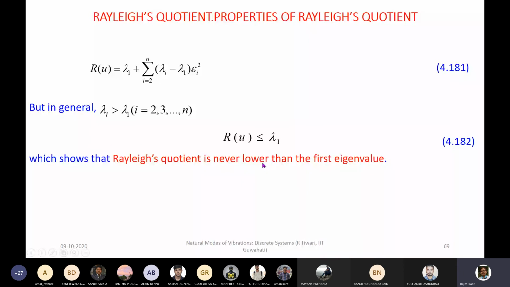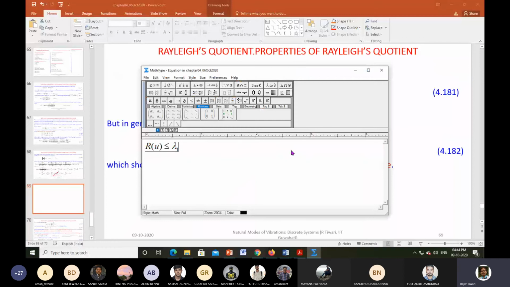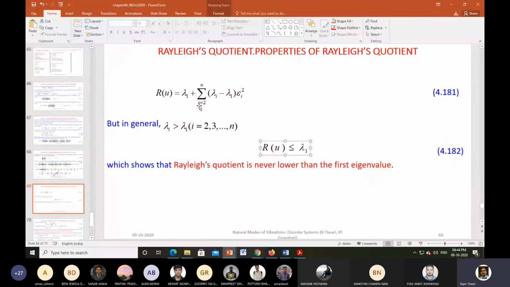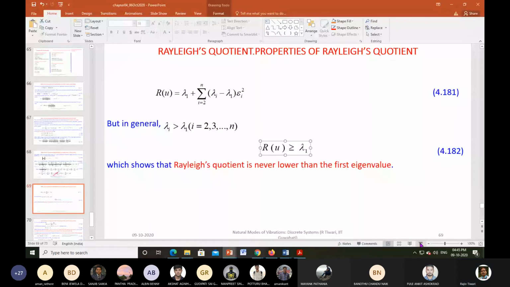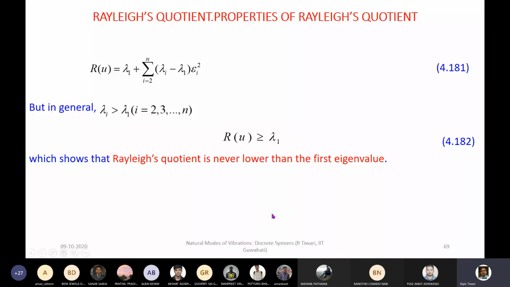Rayleigh's quotient will be always, let me see, yes, always more than lambda 1.